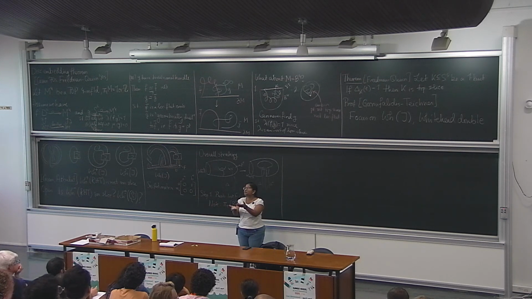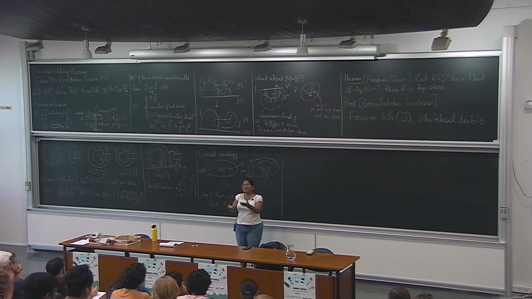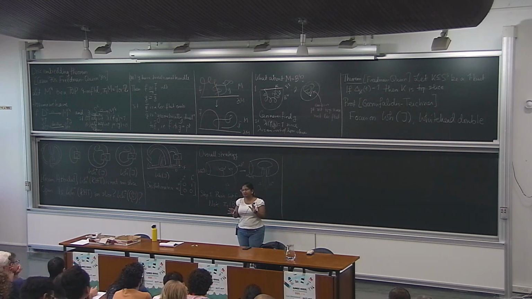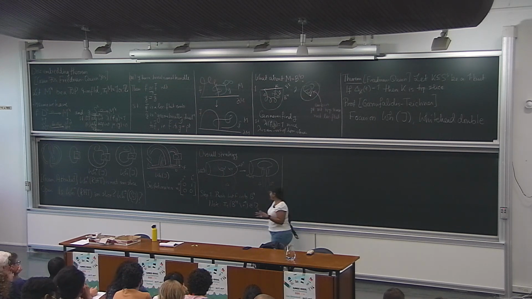So for example, if you were drawing a handle diagram of its complement, it will have a single one-handle. And so it has to be cyclic, and for homological reasons, it has to be Z. If you don't know those words, ignore them. Okay.